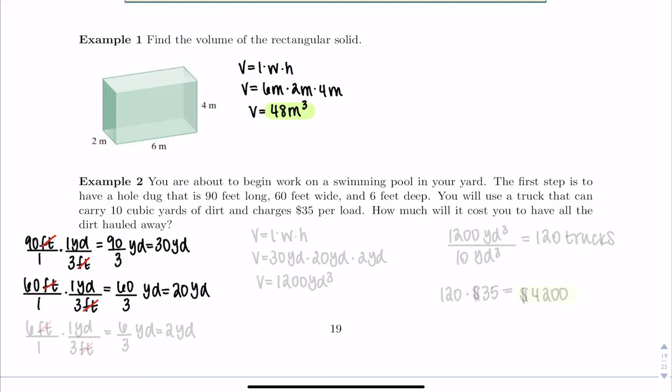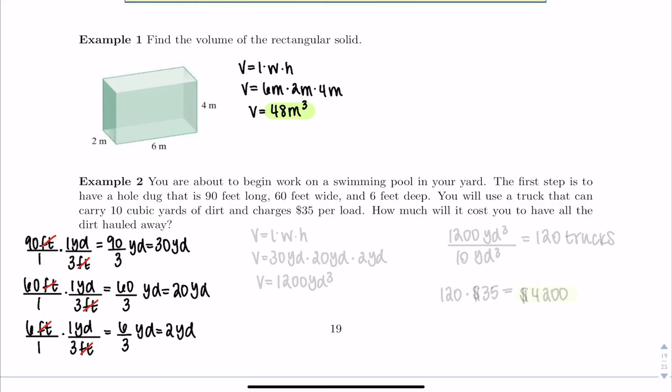And the last one is 6 feet times 1 yard over 3 feet. So your feet cancel. You end up with 6 over 3 yards, or 2 yards.